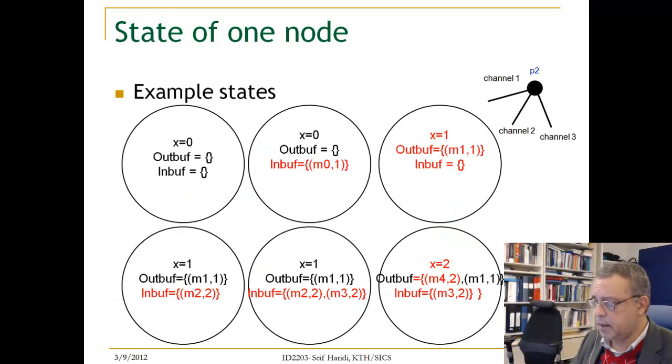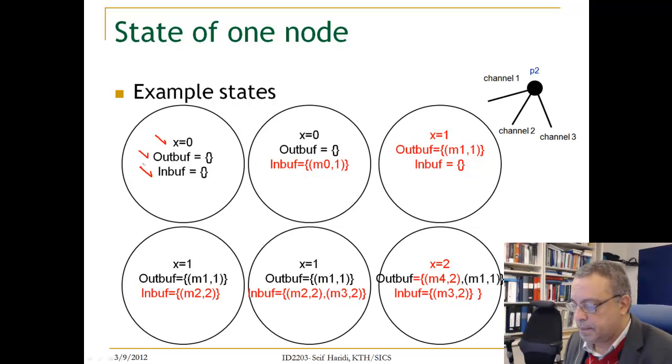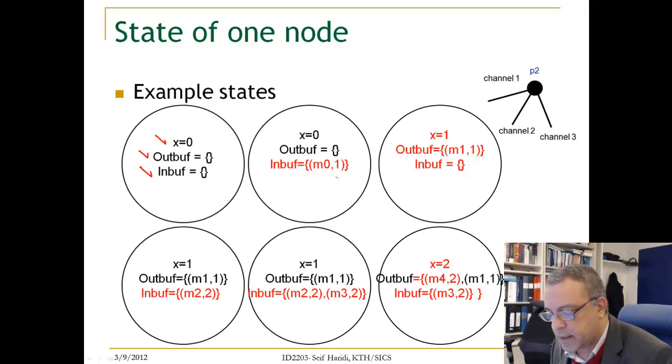Here's an example. So looking at node P2. Node P2, initially it has a local state, that's the variable x. It has an output buffer which is empty, and an input buffer which is empty. This node received a message from another node. In this case, it received a message M0 on channel 1.